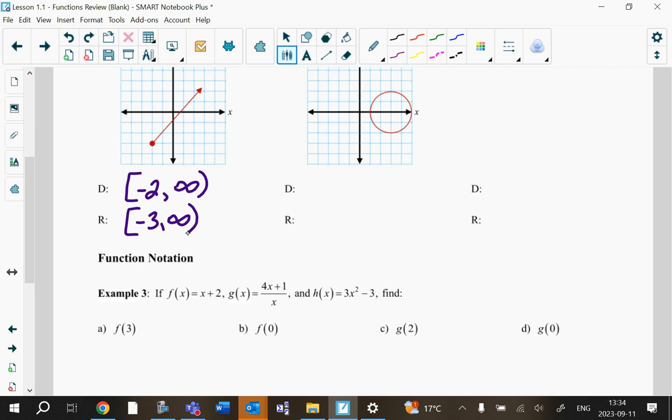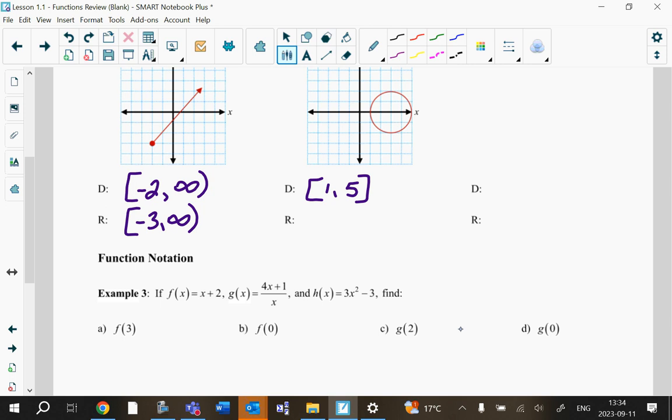How about this one? Domain, 1 to 5, and we put brackets around both of them because we include both 1 and 5. How do we get that? Well, the x value of the point to the furthest left is 1. Furthest right is 5, and this tells us everything in between.